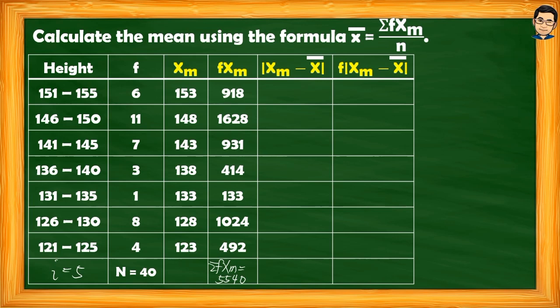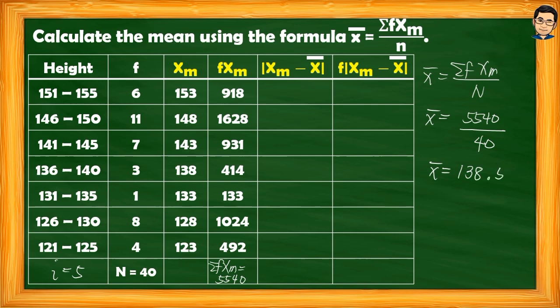Now, we will calculate for the mean. So, yung nakuha nating summation is 5,540. I-divide natin sa 40. So, yung mean natin, kapag dinivide natin yung 5,540 sa 40 is 138.5.